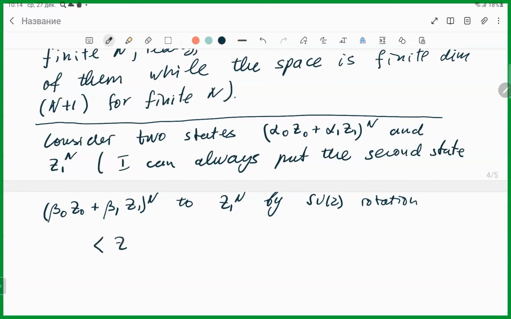Now, the scalar product is actually a cosine phi to the power n.